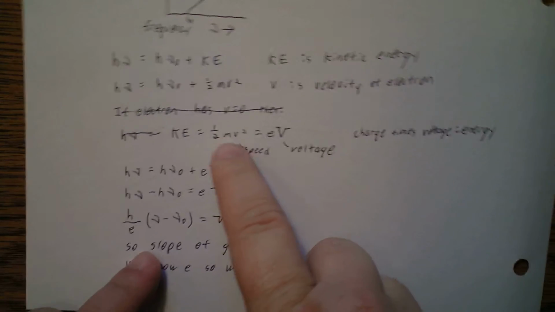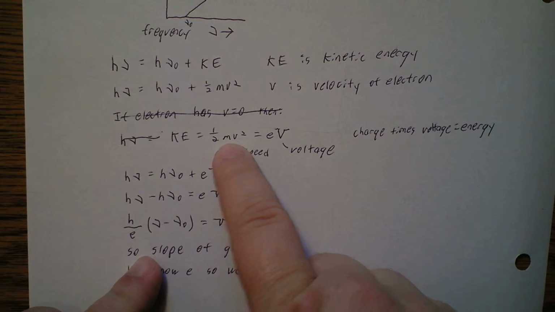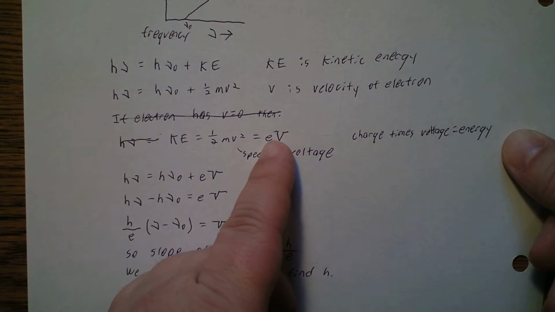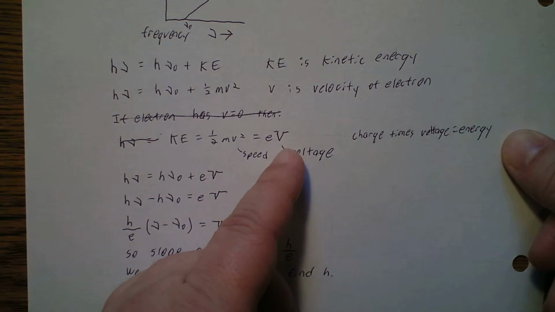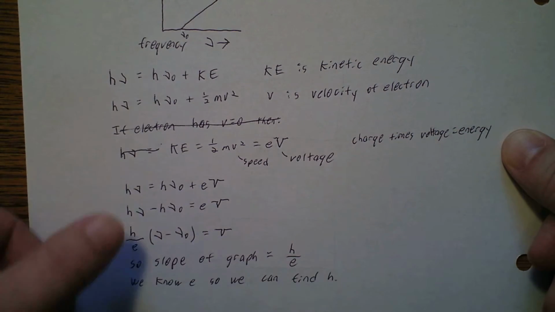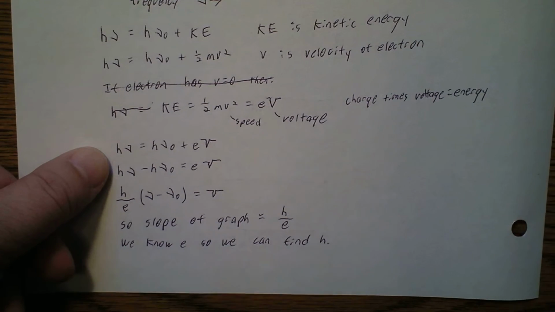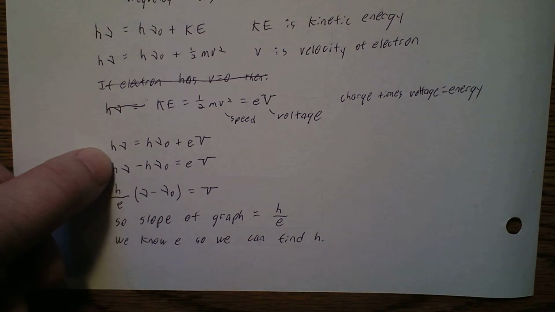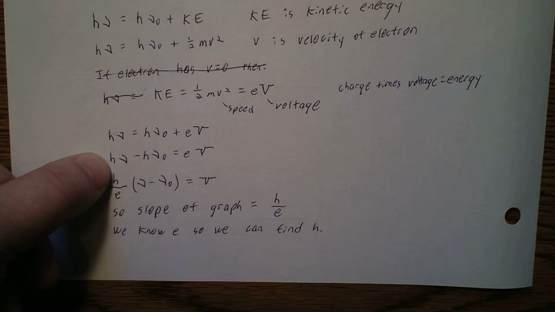We have two different v's here, velocity or speed, and voltage. e is just the charge of the electron. Charge times voltage is equal to energy. So we get h nu is equal to h nu naught plus the charge times the voltage. So h nu minus h nu naught is equal to e times the voltage.